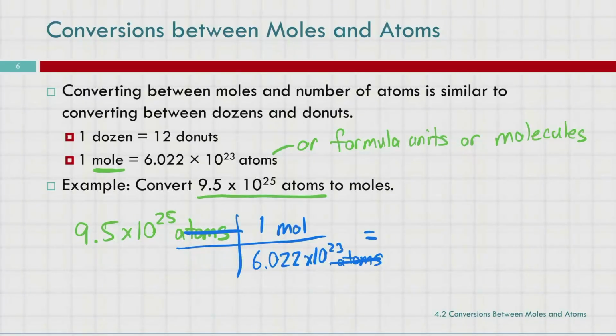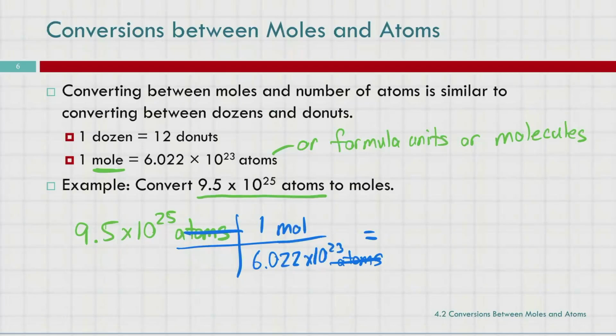If you have your calculator with you, please put this into your calculator. You should end up with a not very ridiculous number, something that you could imagine. So 9.5 times 10 to the 25 divided by Avogadro's number.